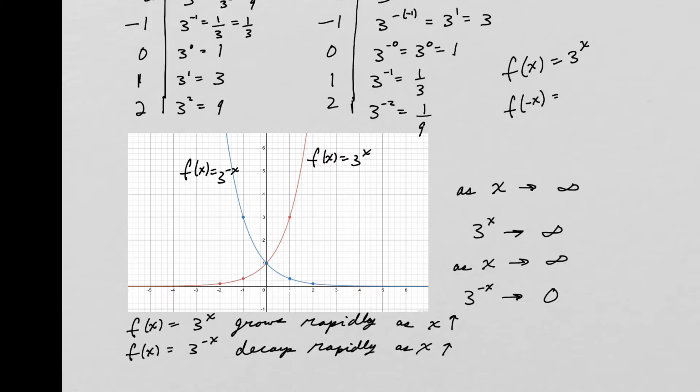In this case, if I plug in negative x where I have x, I'm going to get 3 to the negative x. So these are reflections. They're basically horizontal reflections of one another.